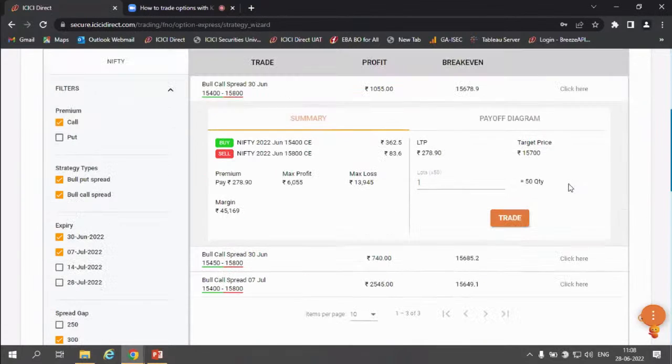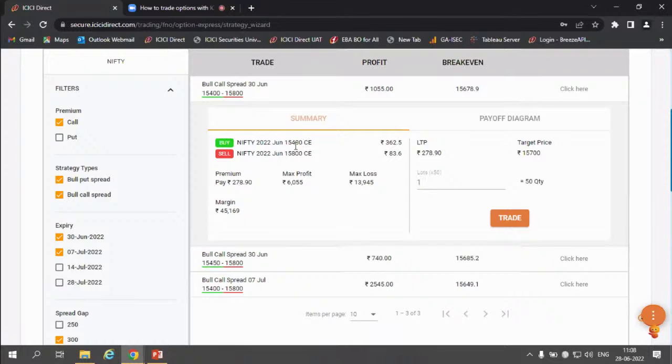Once you click there, you'll be able to see the summary of the strikes that you will be trading. It says Nifty 30th June 15,400 call is what you will be buying, and at the same time Nifty 30th June 15,800 call you will be selling.